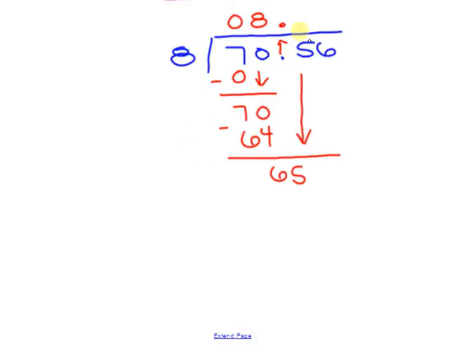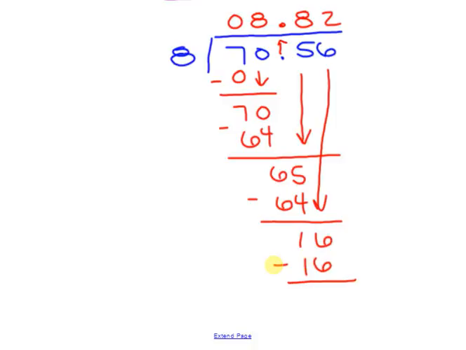So 8 goes into 65 8 times. 8 times 8 is 64. Subtract. 65 minus 64 is 1. Bring down the 6. And then 8 goes into 16 2 times. 2 times 8 is 16. Subtract. 16 minus 16 is 0. So each shirt was $8.82.